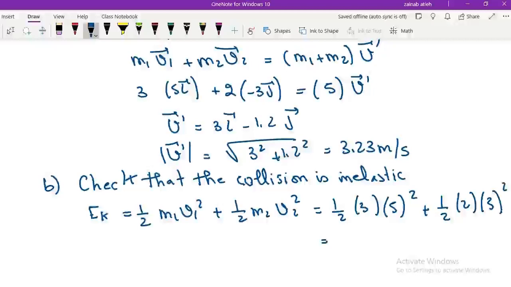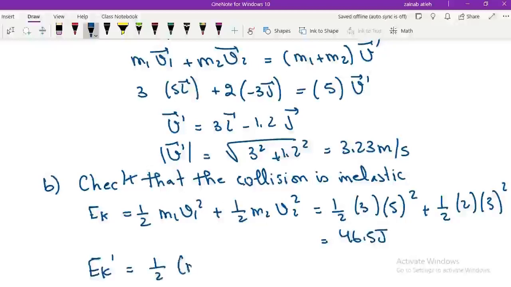I will calculate. I will get 46.5 joule. Okay, let us calculate the kinetic energy after collision.